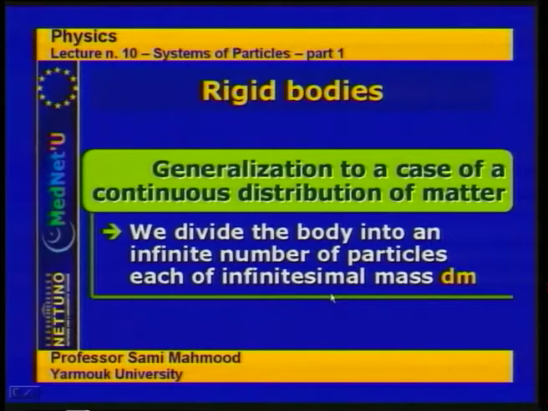In order to use the previous definition for the center of mass, we first divide the extended object, the rigid body, into small particles, very small volumes of the object containing matter.